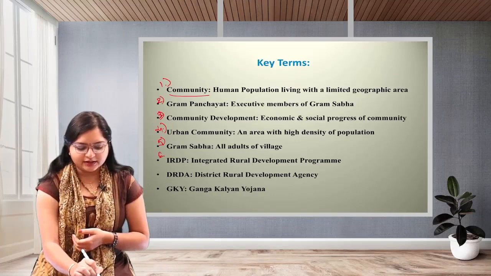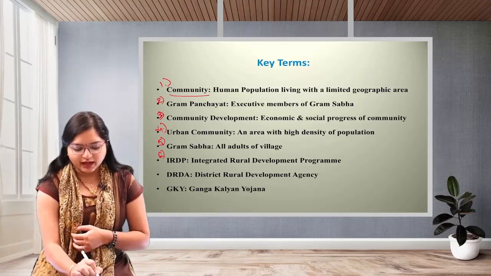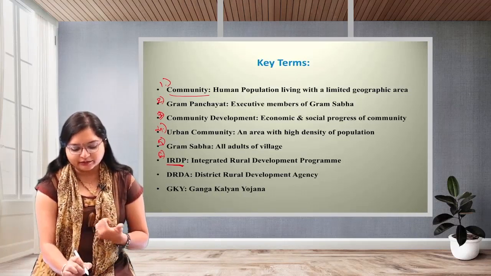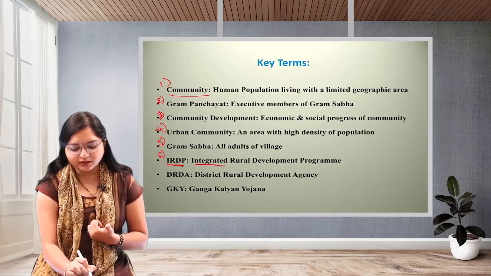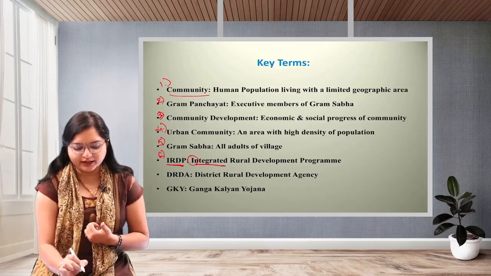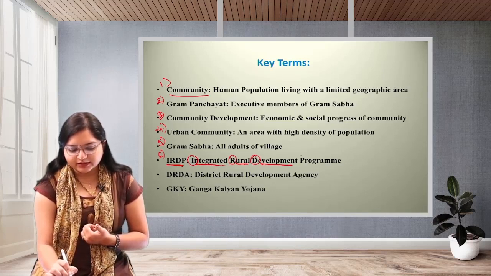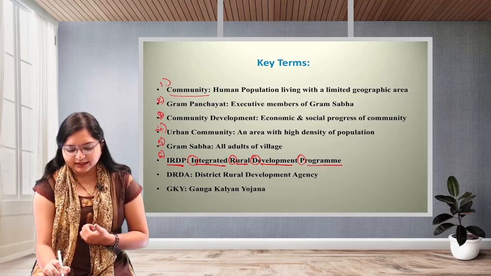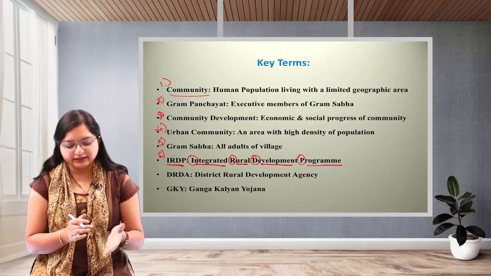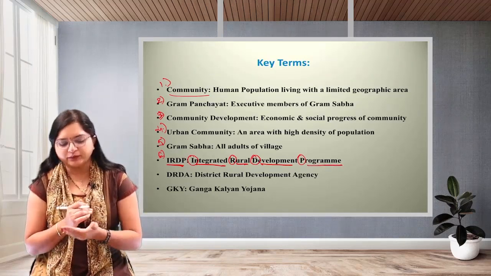And next, these are the short forms. IRDP: I stands for integrated, R stands for rural, D stands for development, and P stands for program. So basically IRDP is Integrated Rural Development Program.